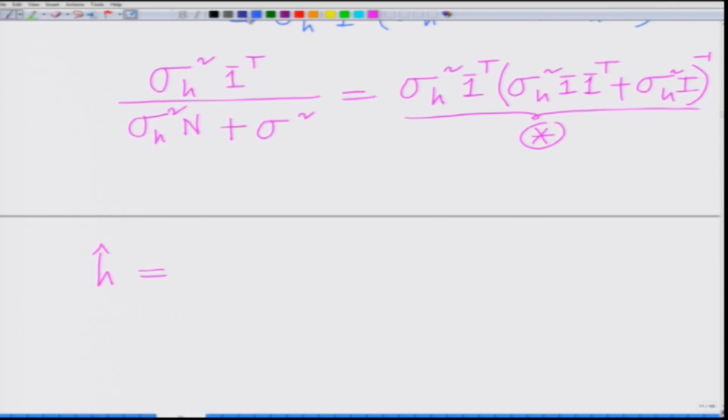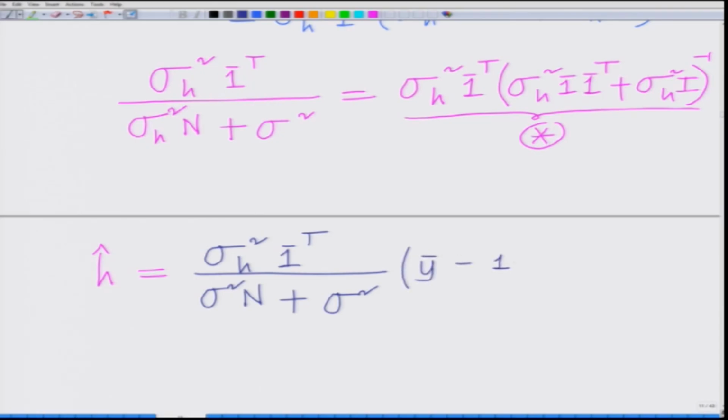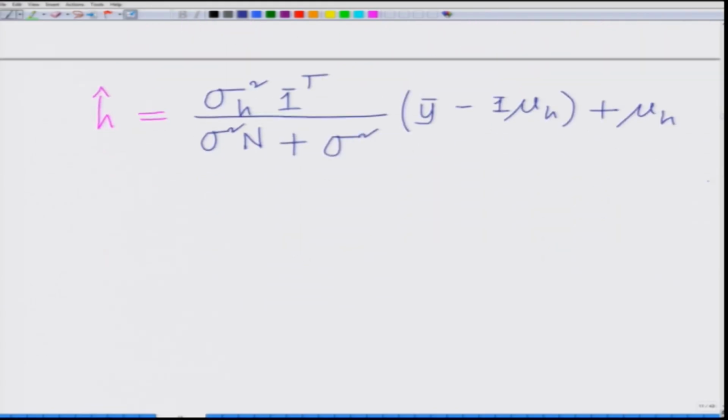So, in the earlier expression for h hat, I can replace the star quantity by our simplified expression here, and now the MMSE estimate for h hat can therefore be derived as sigma h square 1 bar transpose divided by sigma h square n plus sigma square times y bar minus 1 bar mu h plus mu h. Okay. So, this is after substitution.